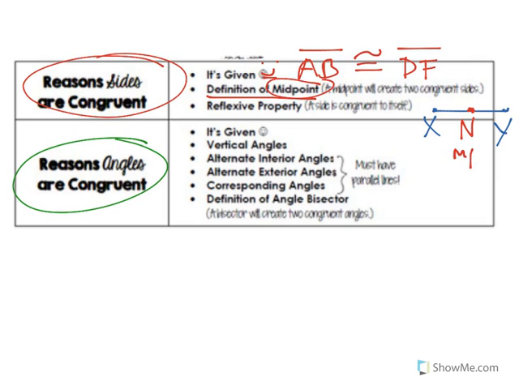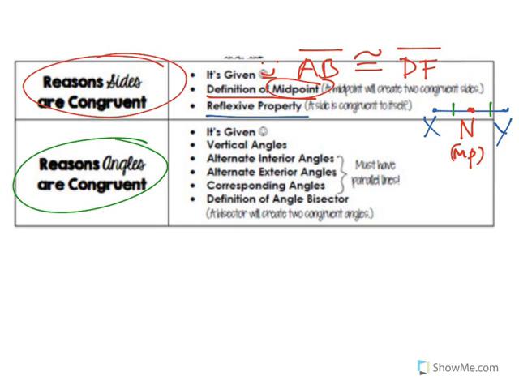If N is the midpoint, then these two sides are congruent. XN is congruent to NY, because we've been told that N is a midpoint.